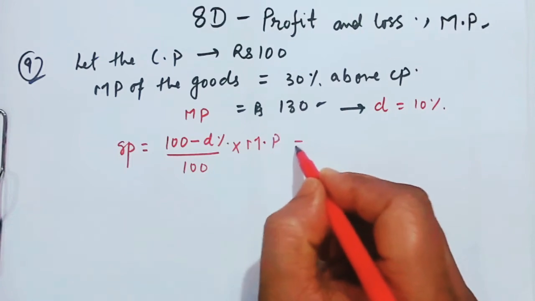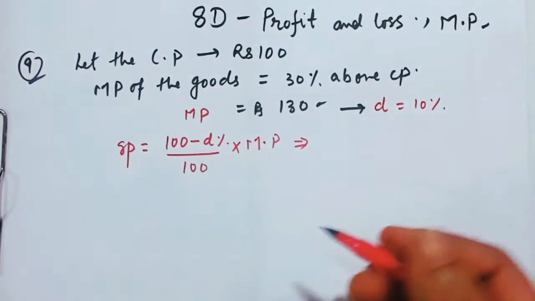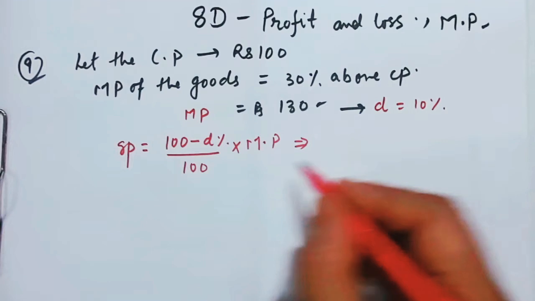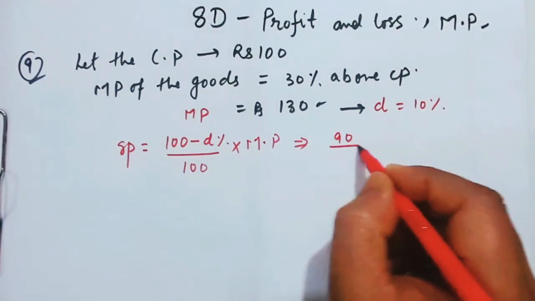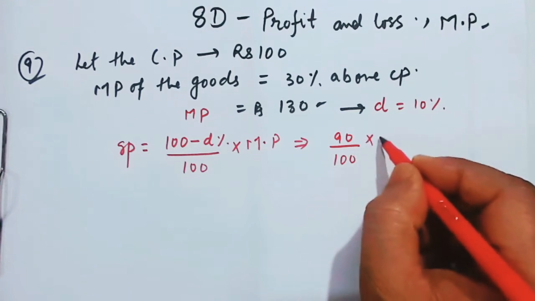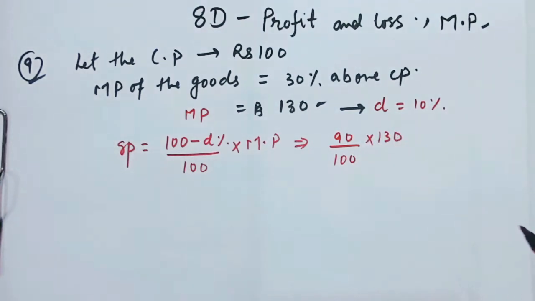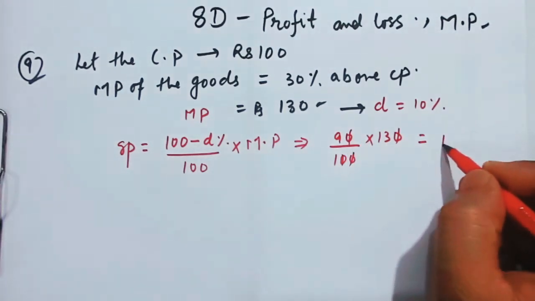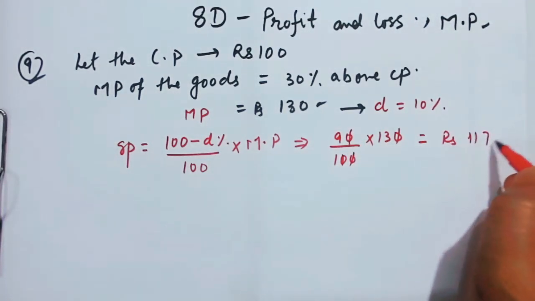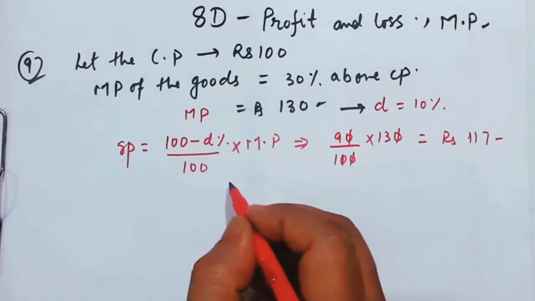I am not going to repeat this again, since I am starting now, therefore I wrote it. 100 minus discount percent, that is 90, by 100 into 130. Let's do some cancellation. How much are you going to get? 117.